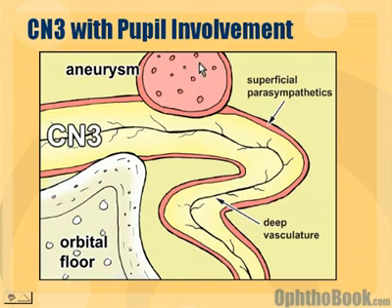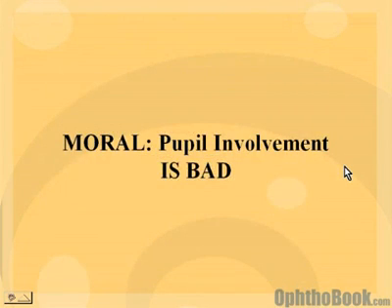So if you have an aneurysm or a tumor pushing on that cranial nerve 3, then very often the pupil will be involved, while diabetes or hypertension, being nice and deep inside the nerve, will sometimes spare the parasympathetics. So pupil involvement is crucial to see, to document if you have a third nerve palsy. So the moral of the story, pupil involvement is bad.